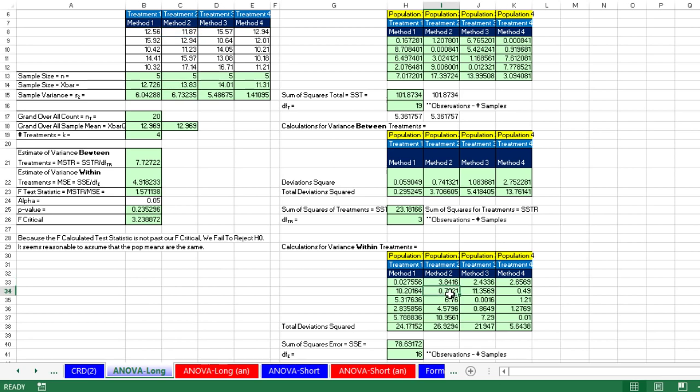So if I were looking at this one at a time, notice that each one of the blue ones in this column is subtracting the same number in that orange cell. So we can actually make a similar array calculation. We can take the entire 20 amounts as a range and subtract the 4 means. And if we do that, we'll get exactly all of these numbers here. So that 0.02, that 3.84, etc.